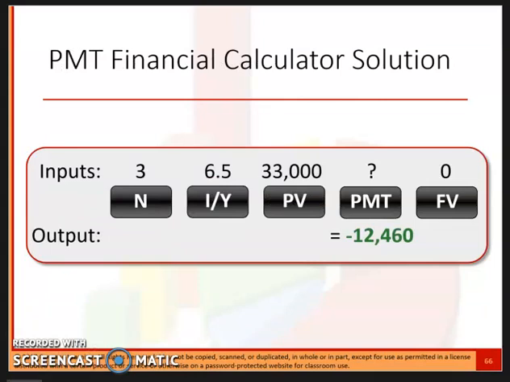With our calculator, with annual payments, it would be 3 N, 6.5 I/Y, and then 33,000 as your present value, and then 0 future value. Entering this 0 tells it that you're paying the loan off at the end of the 3 years. Then compute payment, and that would be a negative $12,460.